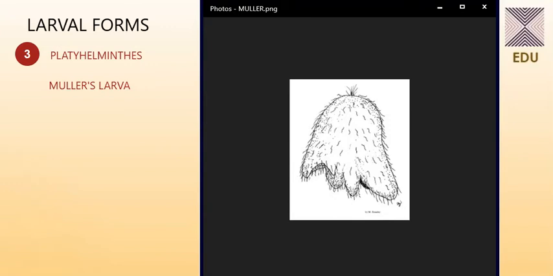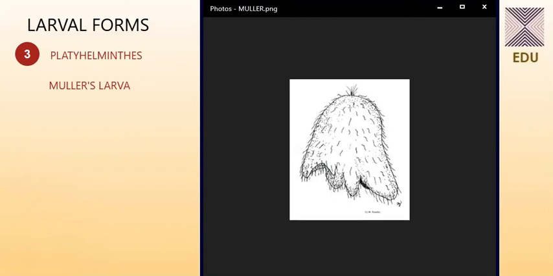So the apical tuft originates from the apical organ, so it is on the top. The apical organ is a sensory structure which has some function with the central nervous system of this particular larva. As you can see in the diagram, we have the apical tuft on the top, and the caudal tufts on the lower side of the lobes.